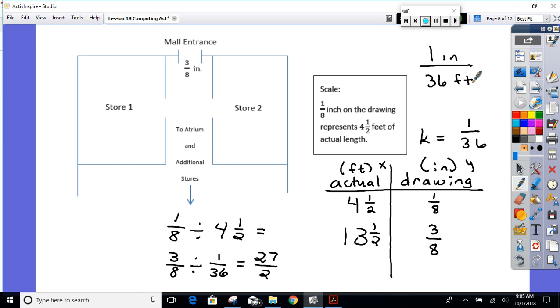So the actual scale factor would be 1 over 432. That's telling us that the drawing is 1/432 the size of the original, or it's a whole lot easier to say that the original is 432 times larger than the picture. It's easier to state it the other way. Okay, any questions before we close out the lesson?